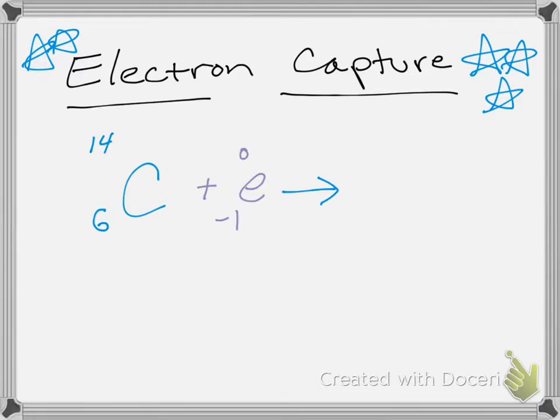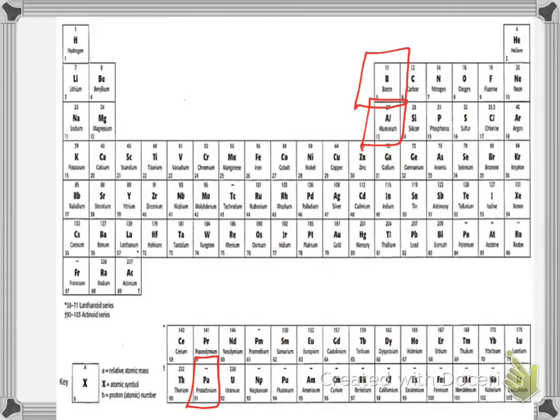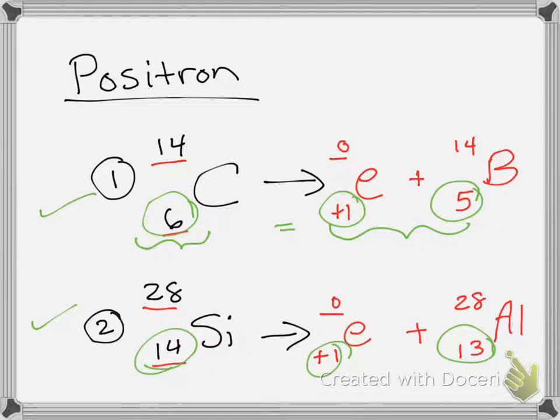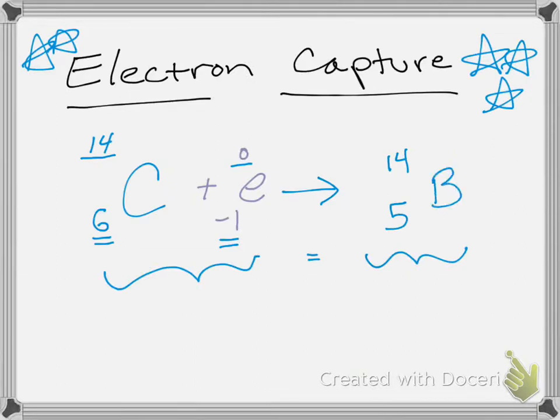Now, remember, what's on this side is equal to this side. So 14 plus 0 is equal to 14. 6 minus 1 is equal to 5. Now you open the periodic table and you see atomic number 5. It's which element? It's boron, B. So we're going to put here B.